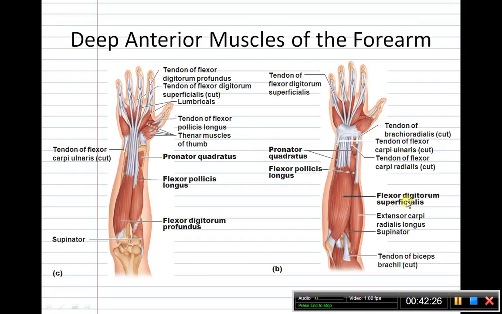Deep. If you have a superficialis, you have to have something that's deep to it or down inside. People that are very deep thinkers, we call them profound thinkers. So the muscles that are named after deep are called profundus, profound. So if you look at the picture here, you have the flexor on the front of the arm, digitorum that tells you it's moving what?